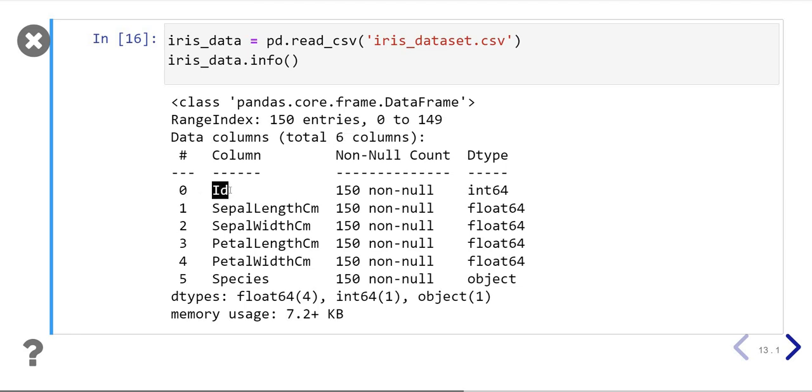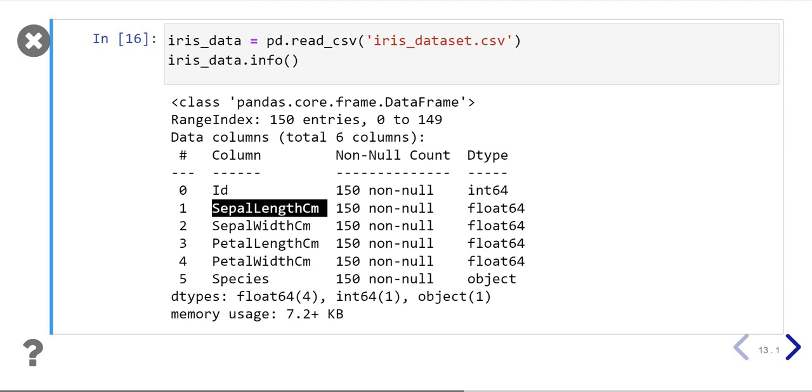So it says that there's an ID. Let's later see what the ID is all about. You can see the sepal length in centimeter. Sepal is like the side of the flower, where you have the bud, so it's known as a sepal. Petal is, of course, the petal, right?